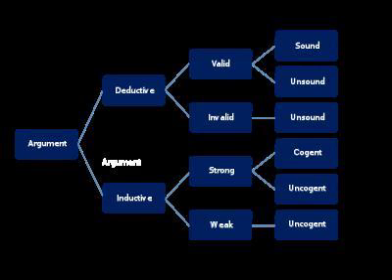Valid arguments can have a false conclusion if the premises are false. Invalid arguments can be all over the place, like I said before. True premises, false conclusion, false premises, true conclusion, and so on. All right. Are we good on this distinction? You understand the property of validity?